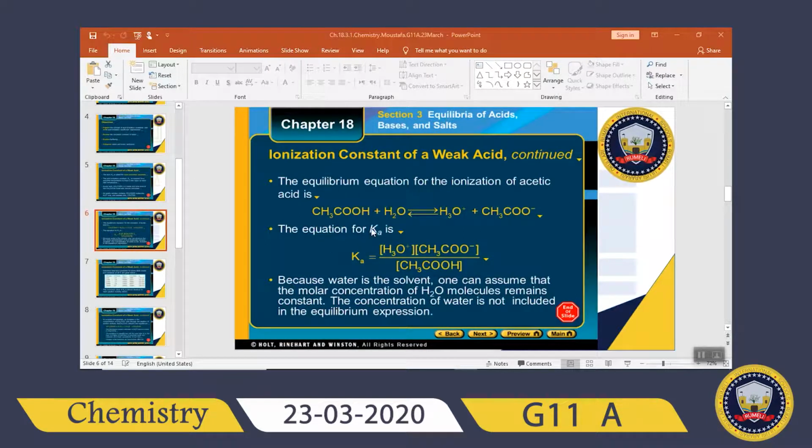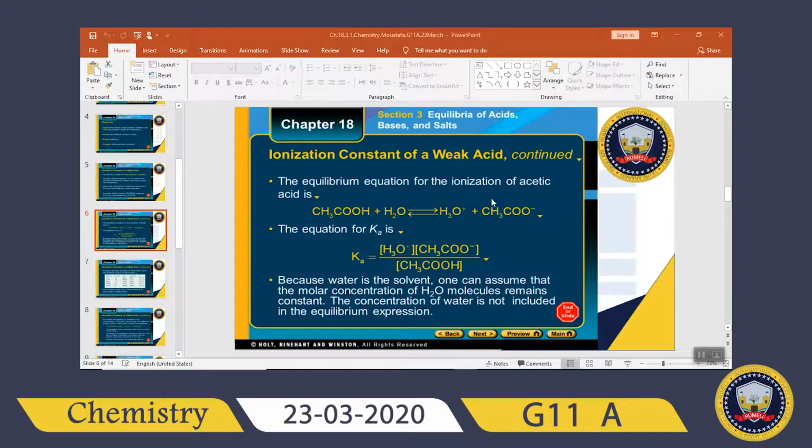But now, if you remember the common ion effect, if you increase the acetate ion by adding sodium acetate to this side, what will happen?